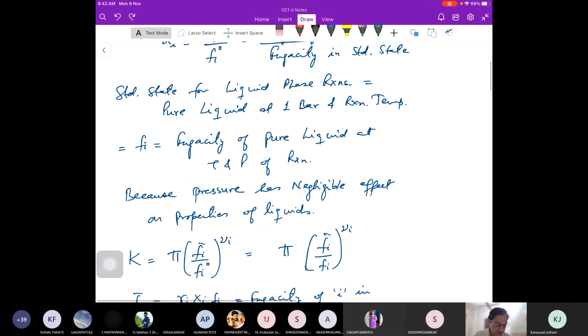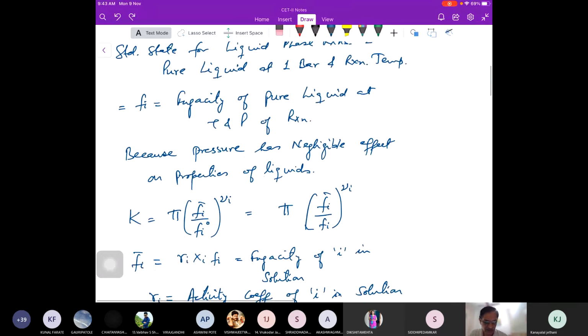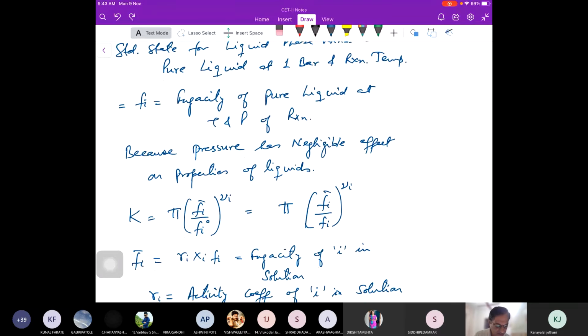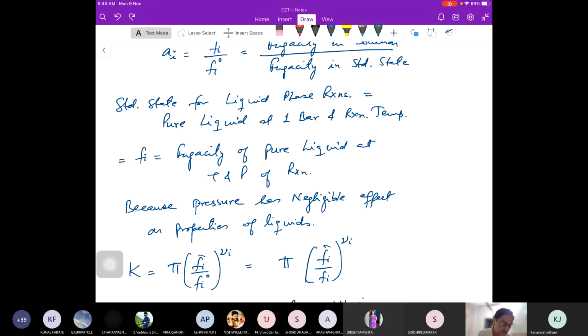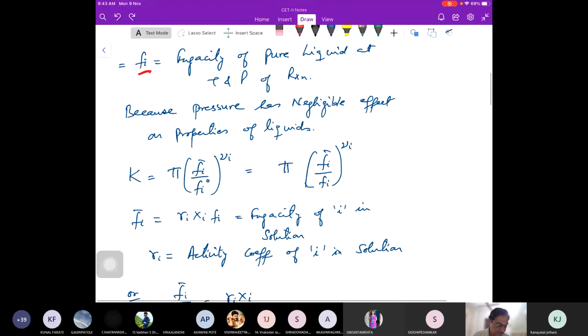And you can say because pressure effect is negligible for liquid phase, we can take this f_i0 as that of pure liquid. Right? That's how we have defined the standard state. So we can take that, and that will simplify our equation.